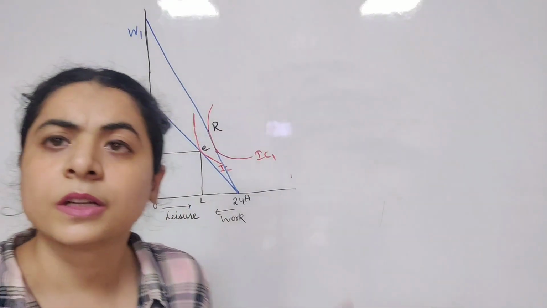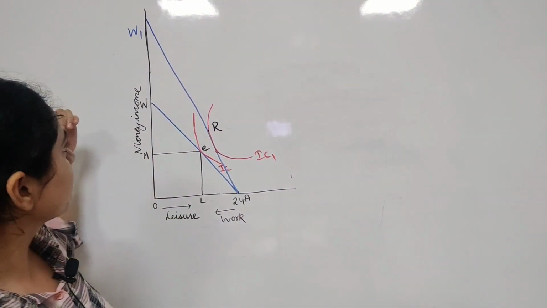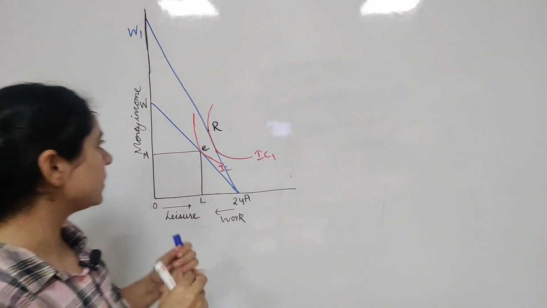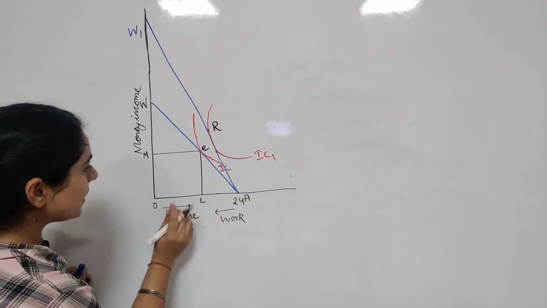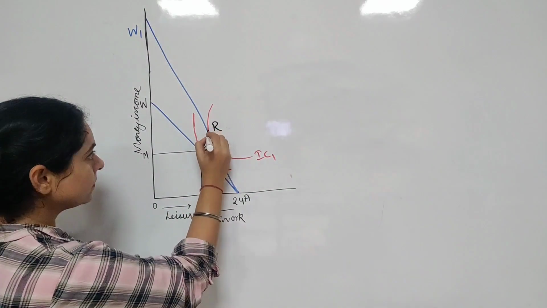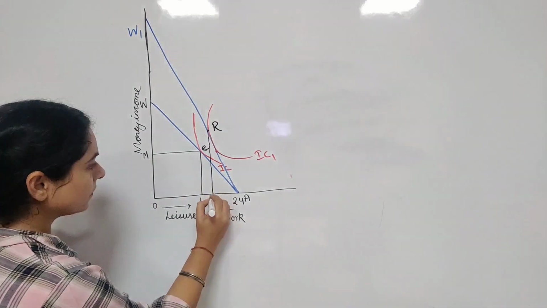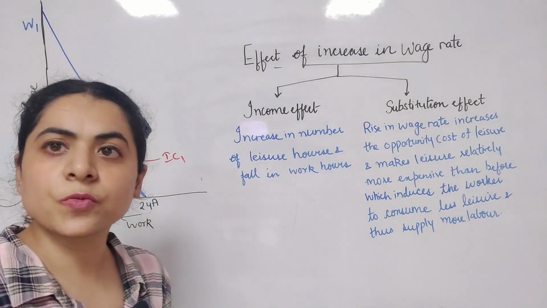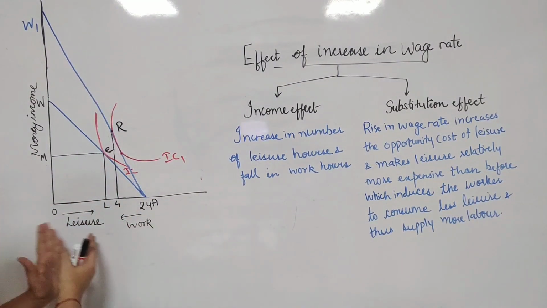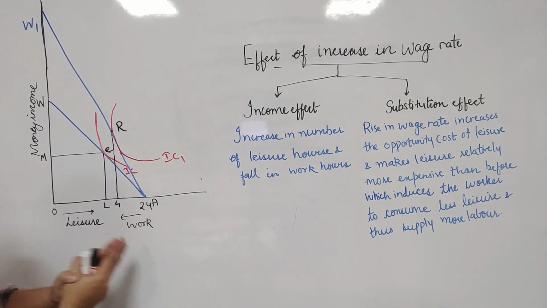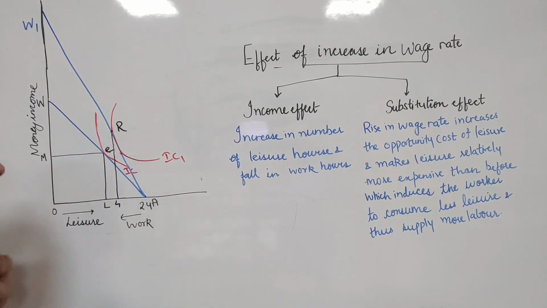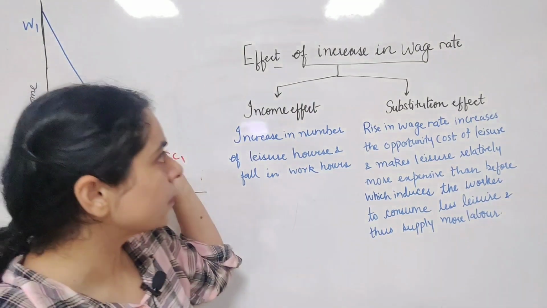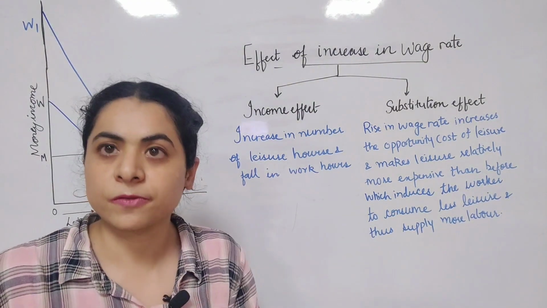With an increase in wage rate, the labor now reaches equilibrium at point R, where he increases his leisure hours further and reduces the work hours. The number of leisure hours increases from L to L1 and the equilibrium changes from E to R.